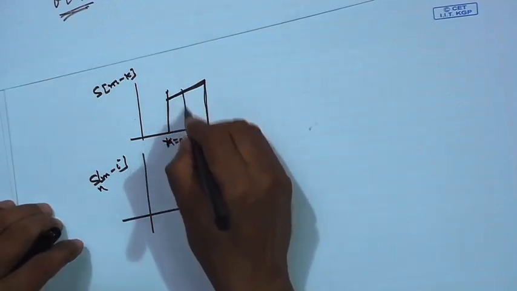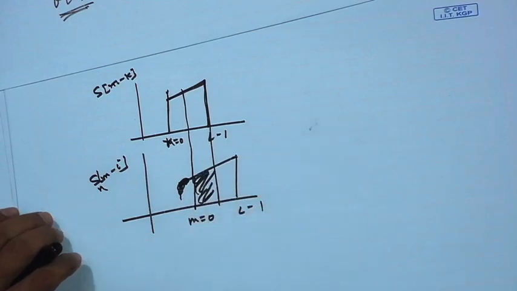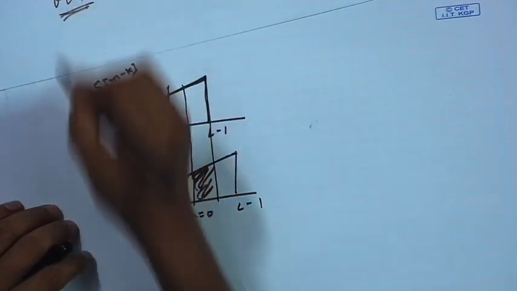So, only the overlapping region will contribute to the calculation of the value of phi I k.